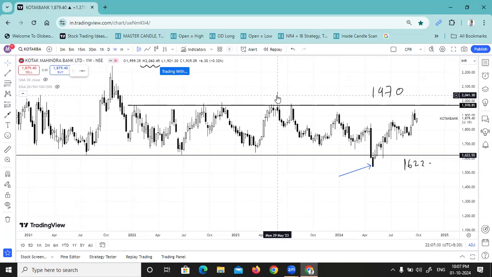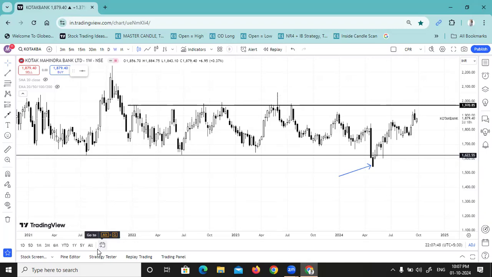Where did the price go? Up to 2060. But price did not sustain above 1970. Look at finally where it closed. It closed at 1935. So 1970 is resistance, 1622 is support.